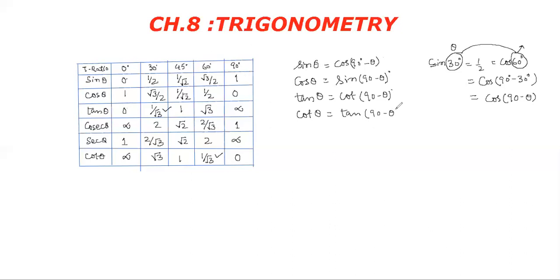Secant 30 degrees, the same value you will get at cosec 60 degree. Cosec at 30, sec at 60. So they are complementary to each other.